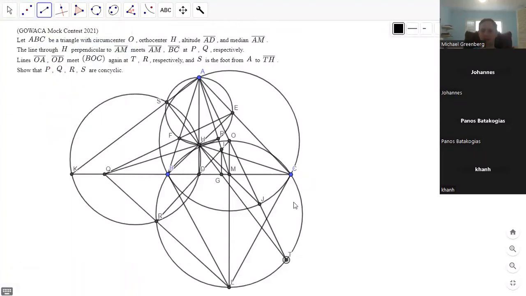Because angle CAT is BAH, and angle CTA is CTO, which is CBO, which is ABH. So these triangles are similar. So yeah, that's the proof. Okay.